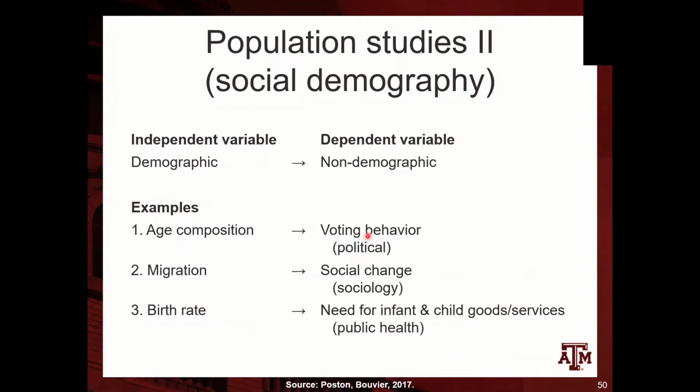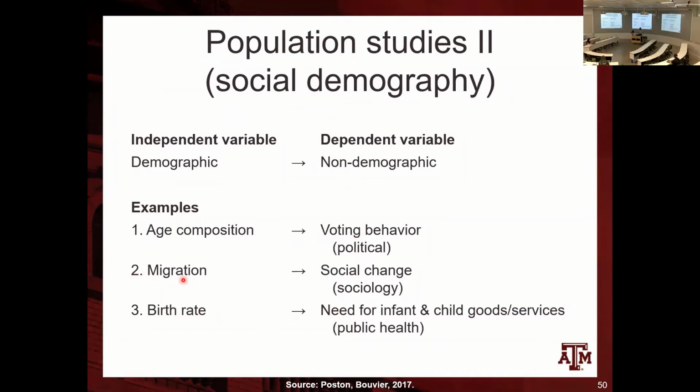If a specific county has a higher proportion of older people, they tend to be more right-wing, and that will be associated with voting behavior. If you have more migrants in a specific area in younger ages that don't have job opportunities, they will start to put pressure on the government to create changes, and then that might create social change, which is a concept in sociology.